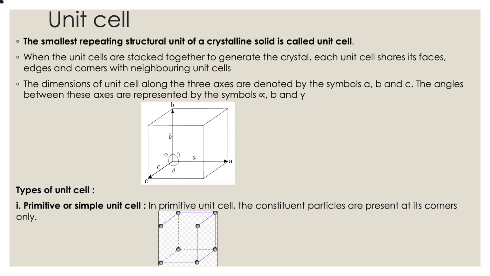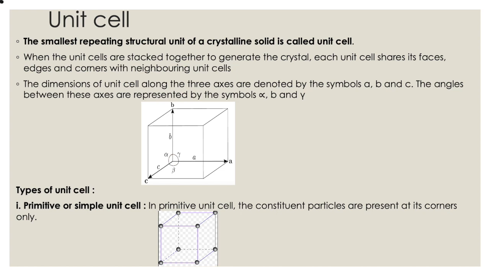How to remember this? For a and b, what is left is c, so it is gamma. The letter that is left forms that particular angle. For example, axes b and c do not contain a, so the angle between them is alpha. This makes it easy for you to mark.